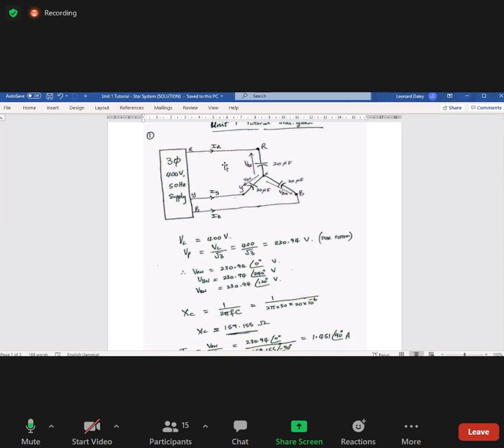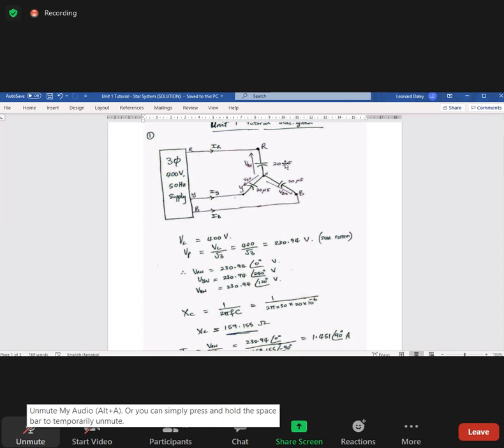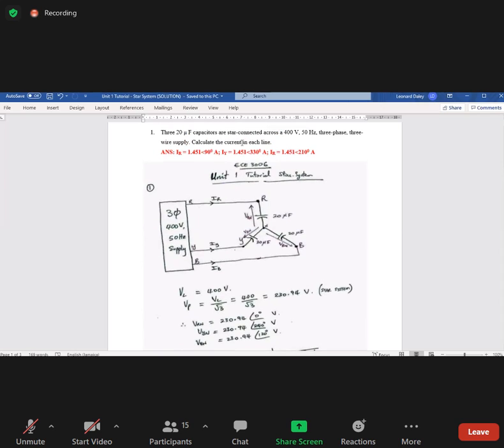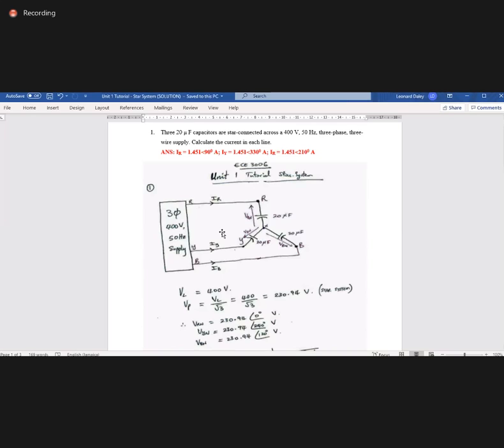So we want to find the current in those lines. That's the question: to find the line current. But remember, for a star system, the line current is also the phase current.